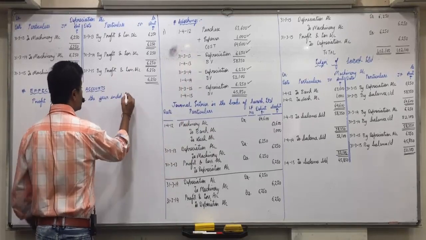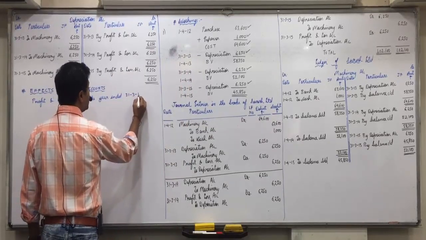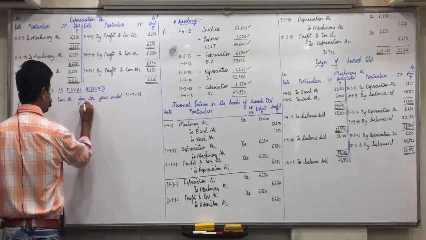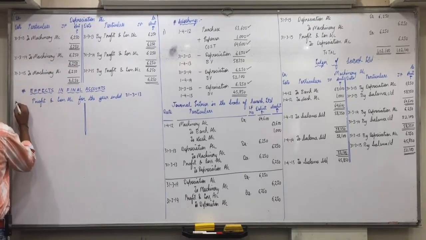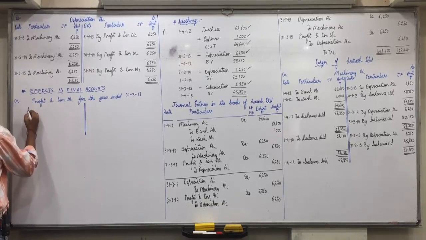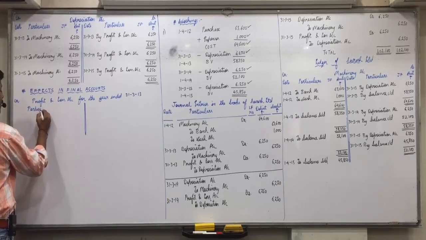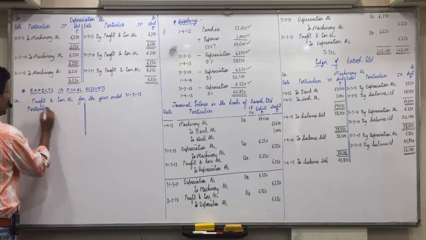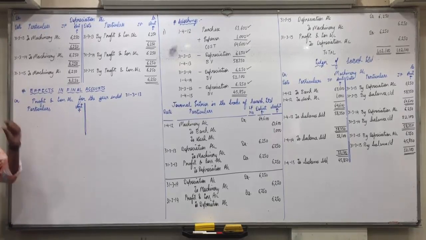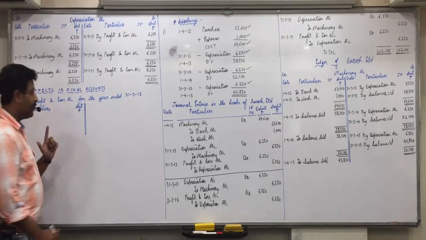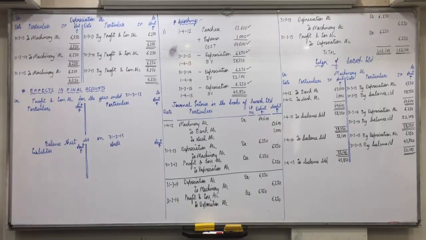So profit and loss account for the year ended 31/3/13. Don't make 2 pages, we are not taking full final accounts. Only the effect of depreciation we are showing, so 2 lines only. Effects in annual accounts or final accounts means profit and loss account and balance sheet.